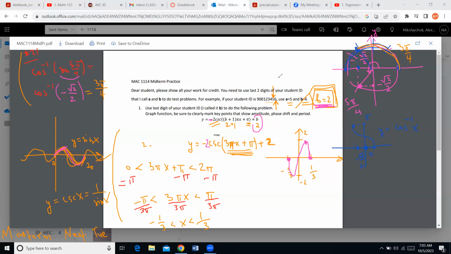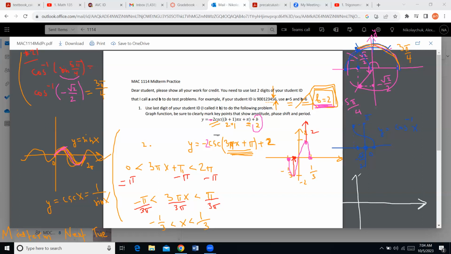Adding a 2 at the very end means we're moving the graph 2 units upwards. 2 units upwards means it's going to be hitting my x-axis here. So to graph this picture, I'm going to need another little picture here so we can put our graph better.